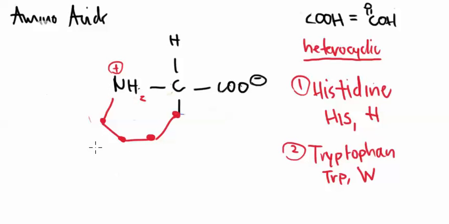That's okay too. However you want to draw it, it doesn't matter. So there we go. There is our structure for proline. And proline is Proline, and the 3-letter abbreviation is PRO, and the 1-letter abbreviation is P.